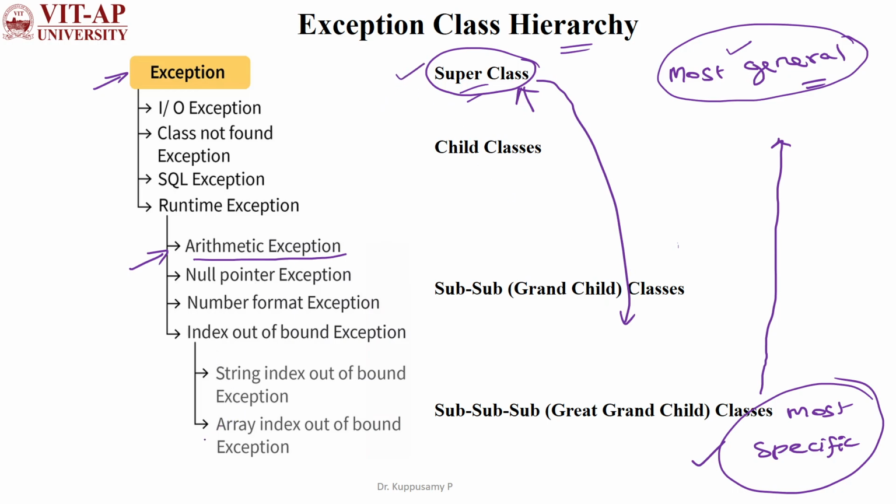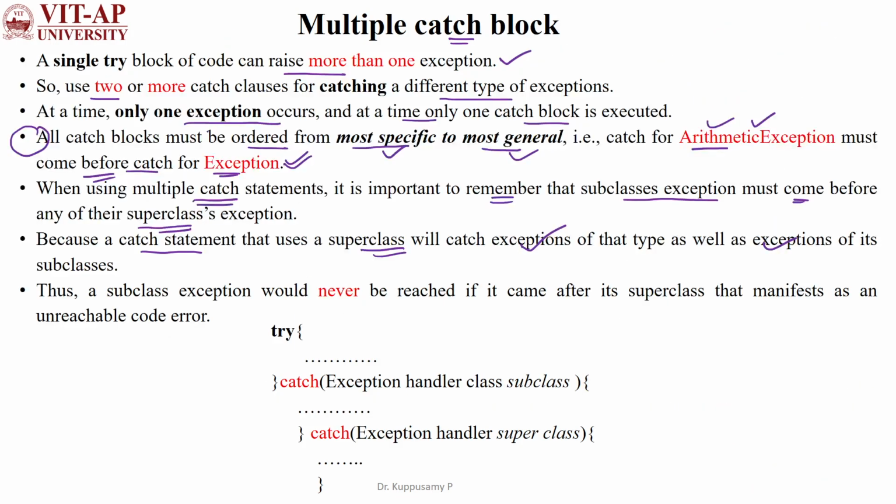It will handle the subclass exceptions, that may be array index out of bound or string index out of bound, null pointer exception or class not found exception. Any exception can be handled by this superclass exception. So first we have to use subclasses, and only then go for the superclass exception.